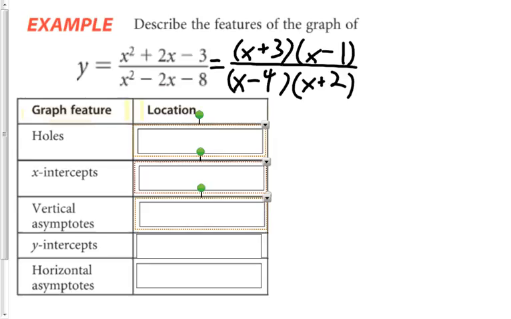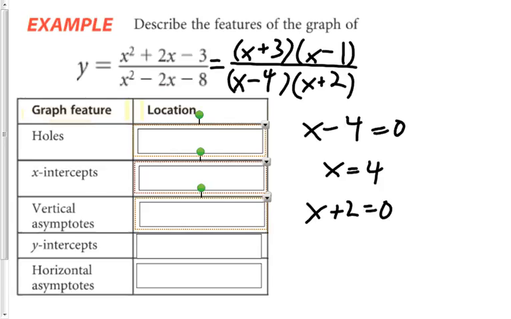Now looking for either holes or vertical asymptotes. Well, I know that's whenever the roots of the denominator are there. So x minus 4 equals 0. I have one root at x equals 4. X plus 2 equals 0. I have one root at x equals negative 2.